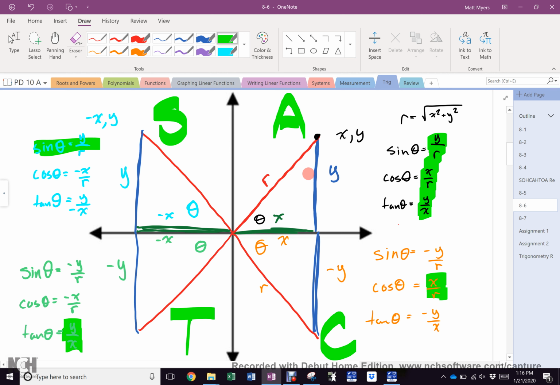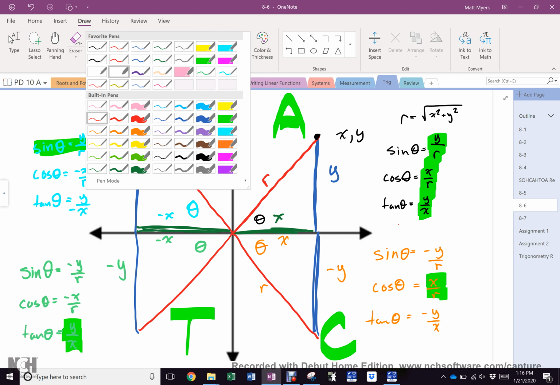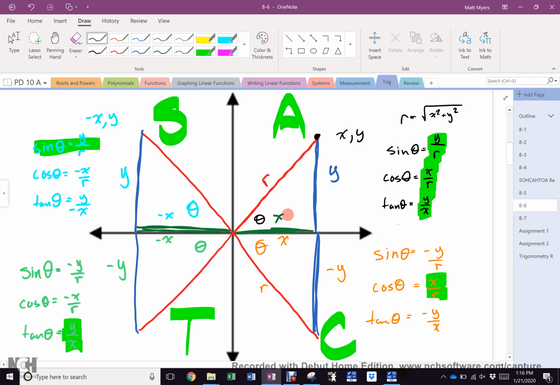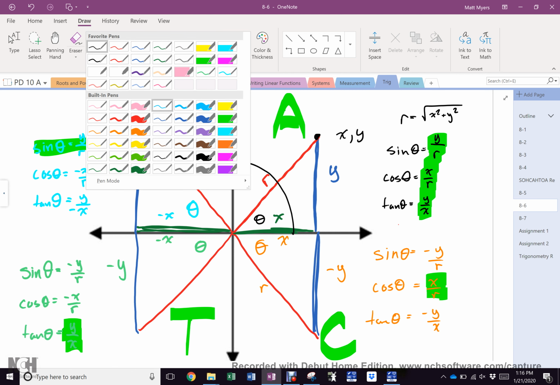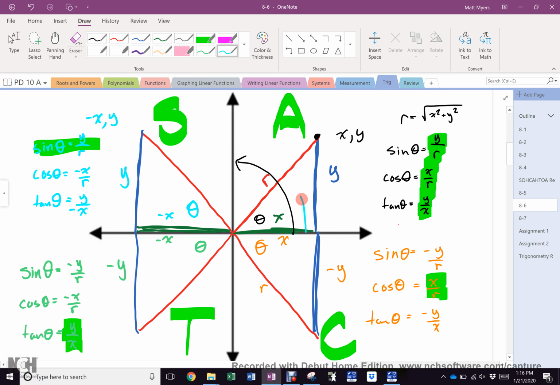All of them are positive here, which means the sine, the cos, and the tan of every angle from 0 to 90 is what? Positive. The sine of every angle from 0 to 180 is what?